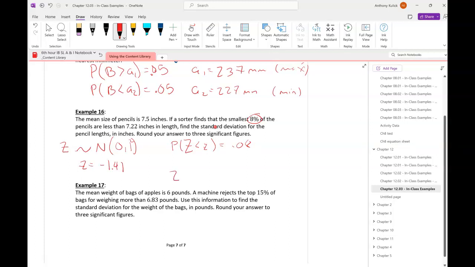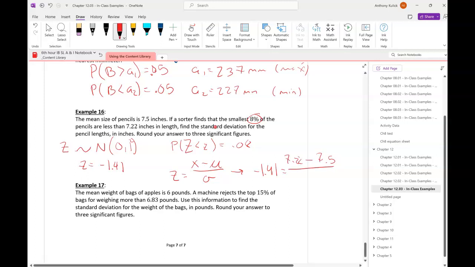Yeah. And we know Z score is equal to our measurement minus the mean, divided by the standard deviation. So we can say negative 1.41 equals our measurement minus our mean, 7.5, over sigma. Oh, and then 7.22 is the measurement, right?